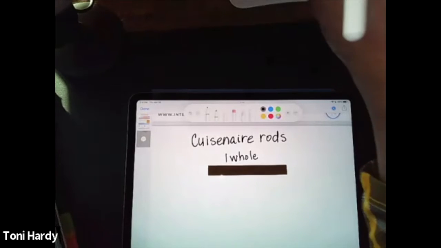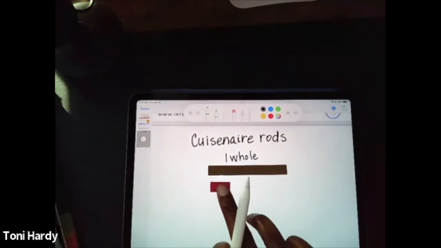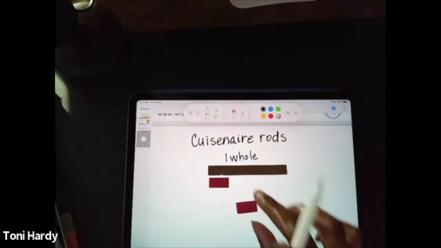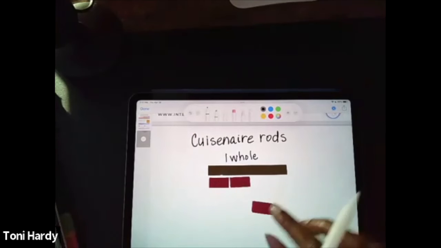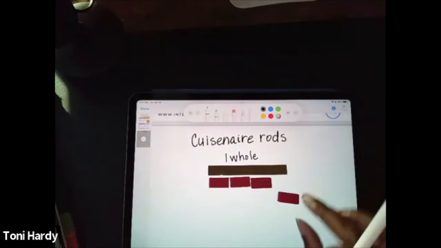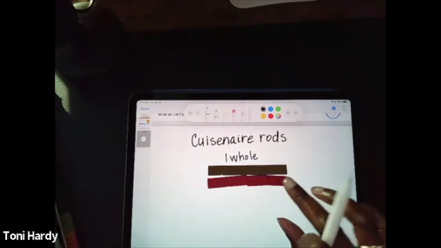We're going to take this one whole and partition it into 4 equal parts. Okay, so one whole now is 4 equal parts. So I'm going to count them the way we were taught. 1, 2, 3, 4.